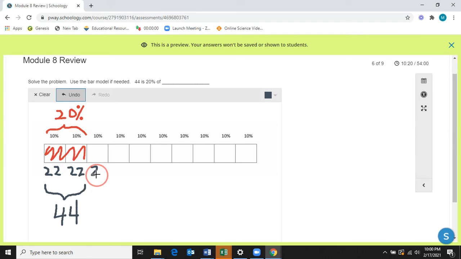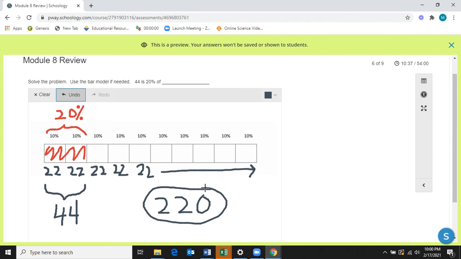So that means every box is 22. So 22 times 10 will equal what? All the way down. On the test, just so you're not watching, I would write the whole thing. And then you could say that the whole answer equals 220, and then you could box that.